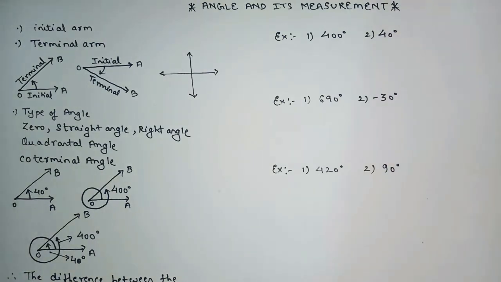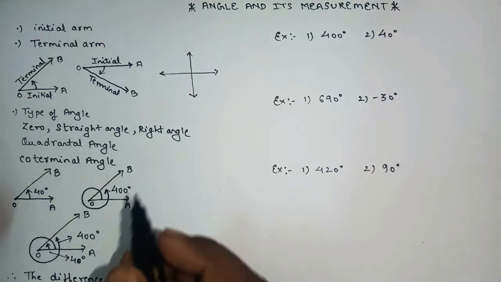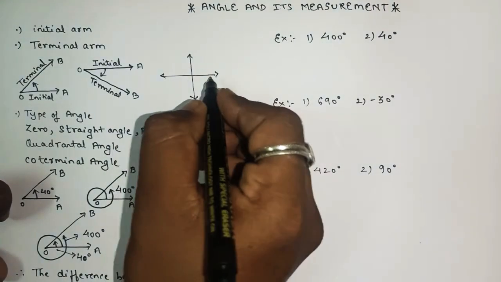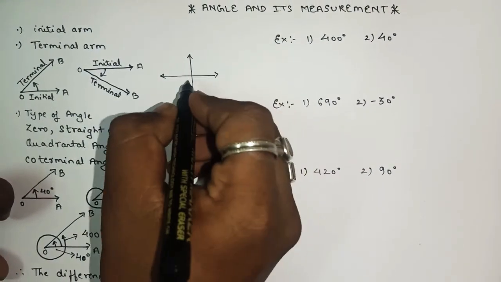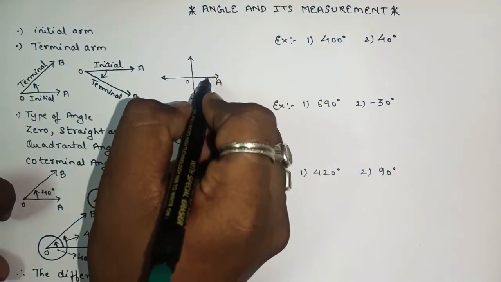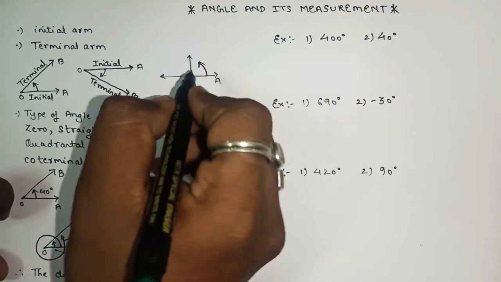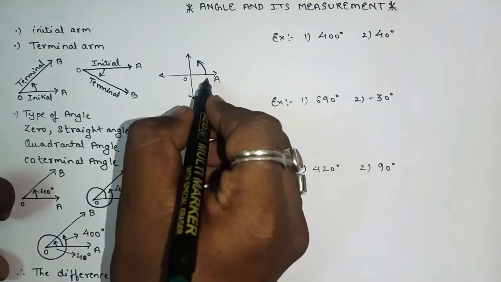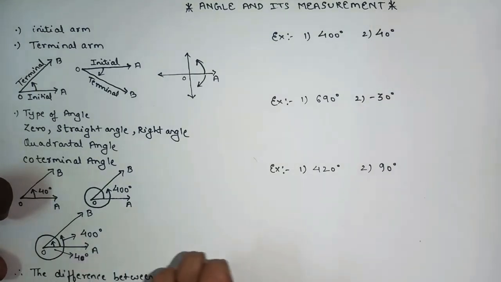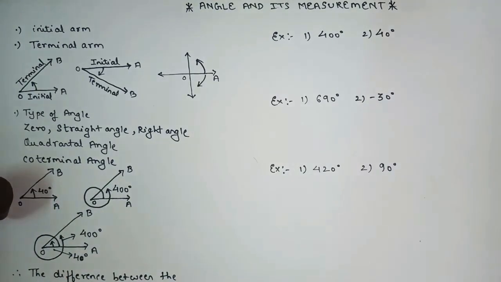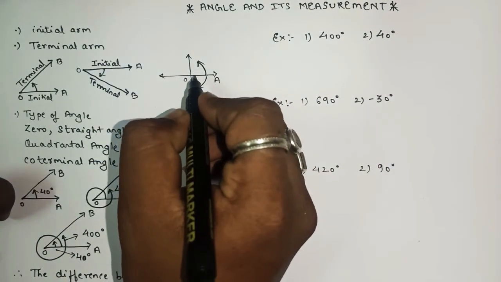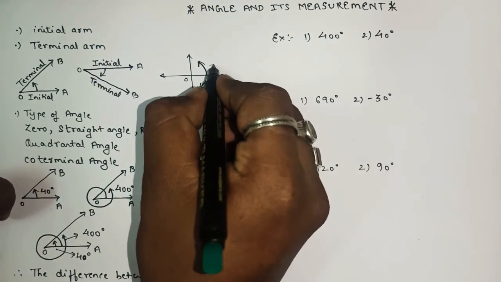Now suppose a ray rotates, where this is O and this is A. It rotates in the anti-clockwise direction, and downward it is the clockwise direction. And we know that when a ray rotates in the anti-clockwise direction, the angle so formed is taken as a positive angle.